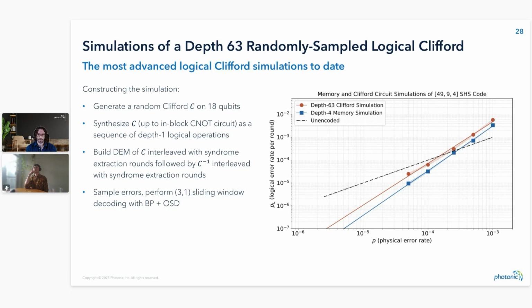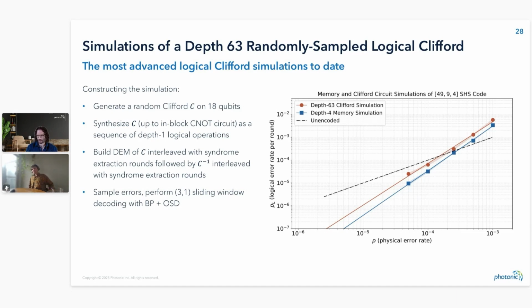And I want to emphasize that for the plot we've generated here, there really was not a lot of artistry to try and massage this to get data points that look nice. This was basically like, let's take our bog standard BPOSD decoder, jam our giant detector error model matrix into a sliding window decoder using this BPOSD thing and see what pops out.